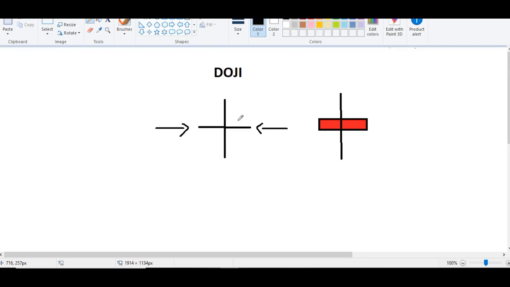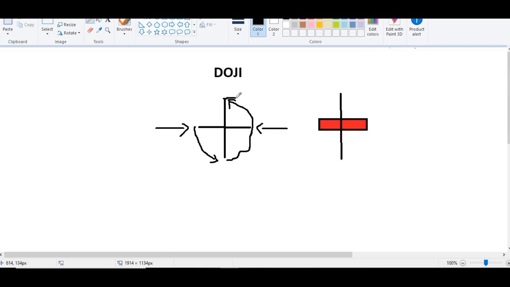So the basic definition of a doji is that the body is equidistant from the high and the low, means it's right in the center. Basically what this candlestick is defining is indecision. Why is that? Because let's say it opens here and it starts to go down. Bears push the price down, sellers push the price down, and so now the bulls, the buyers, take the price higher, all the way till this level.